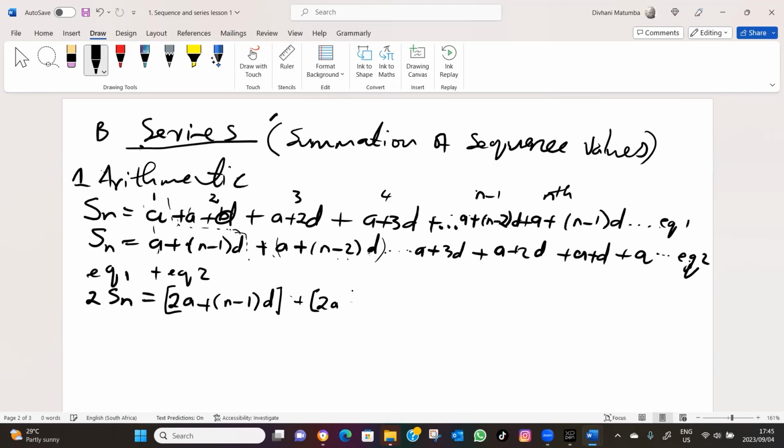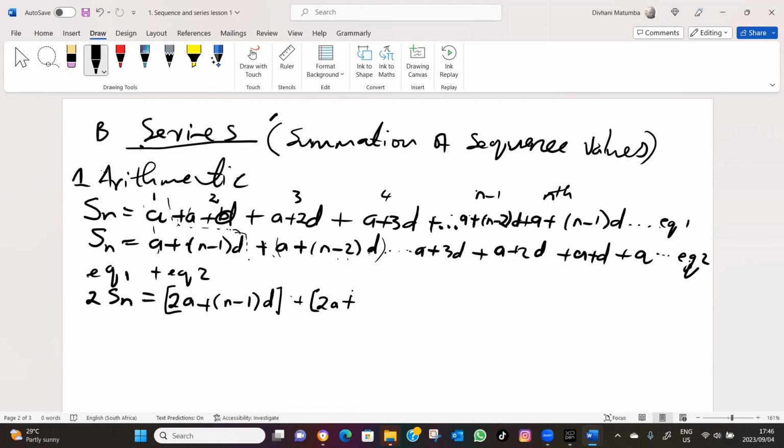So minus 2d plus d is going to be minus 1. So that term, eventually it will be nd minus 1, because it's going to be 2d minus d.